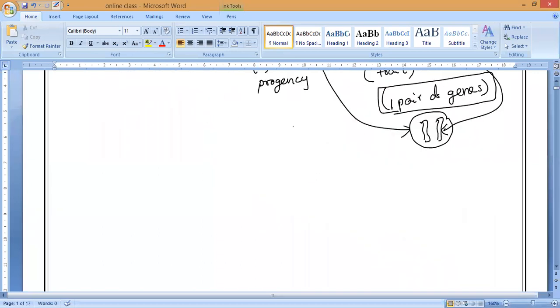For example, let me take a gene. What do you mean by gene, guys? Anybody can say? They are the units of heredity. Is it yes or no, guys? Please respond. They are the units of heredity, which control the specific characteristics of the organism.